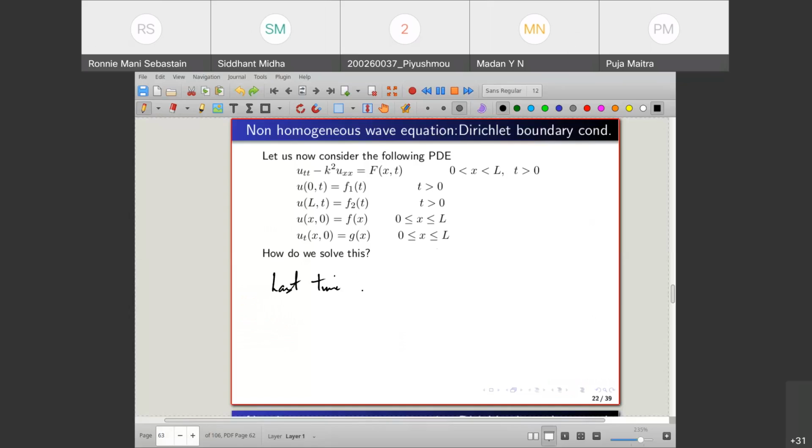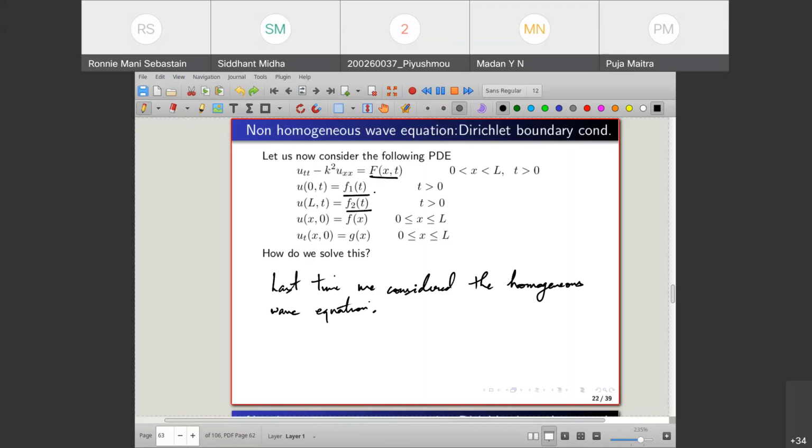So last time we considered the homogeneous wave equation. Right? That means homogeneous just means that these three terms are zero.